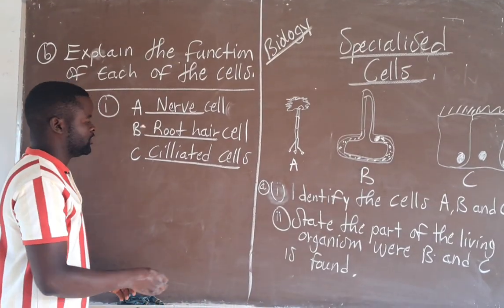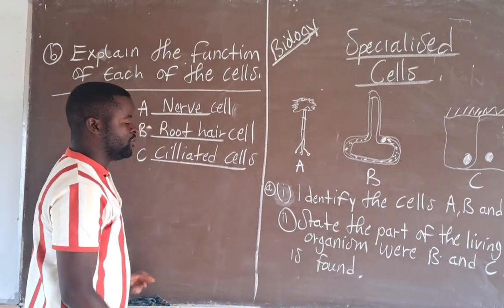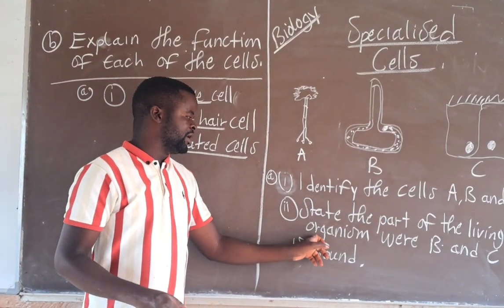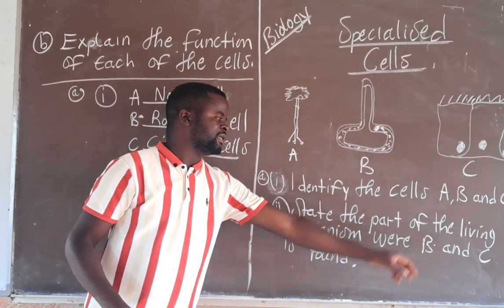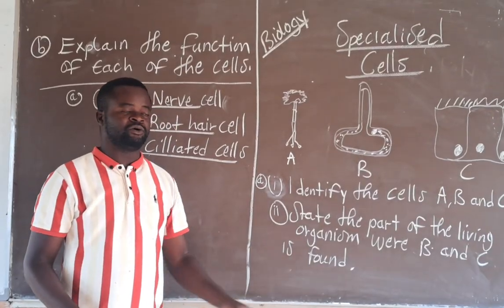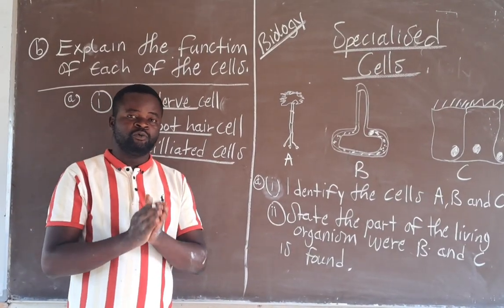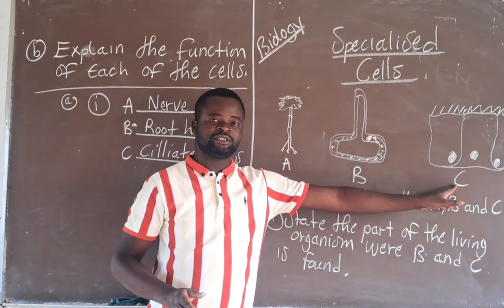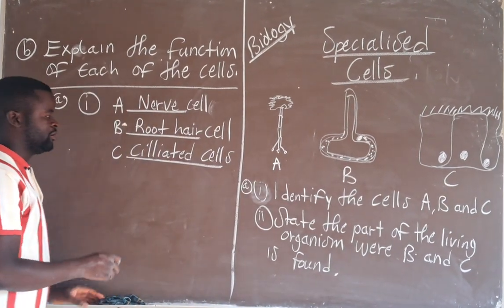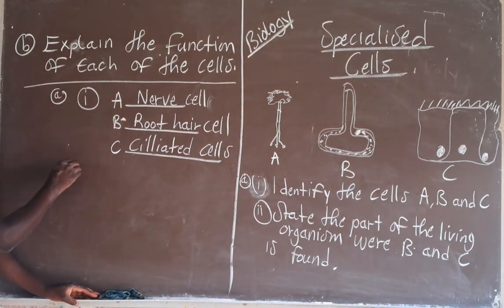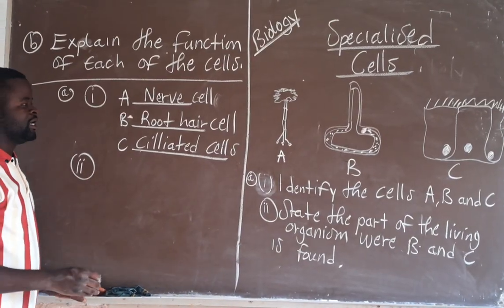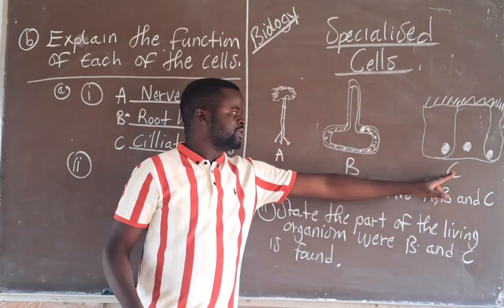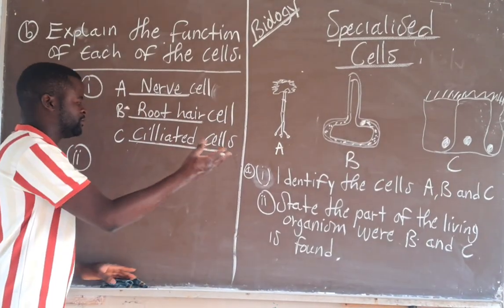Let's proceed to Roman numeral 2 of question A: state the part of the living organism where B and C are found. If these are specialized cells, we want to know where we can find B and where we can find C. We know their specific names.